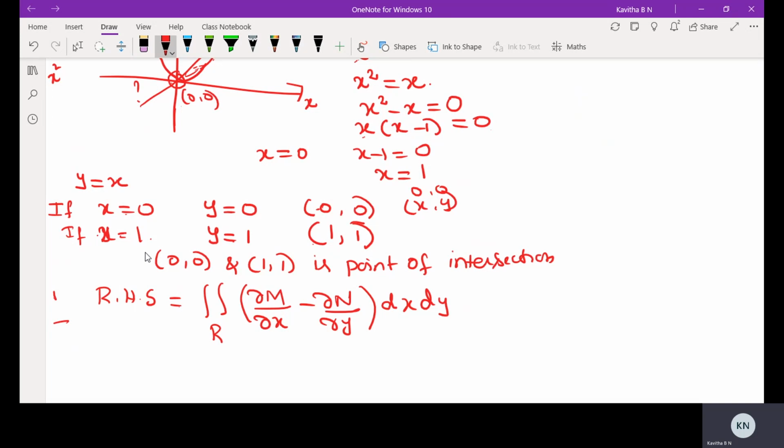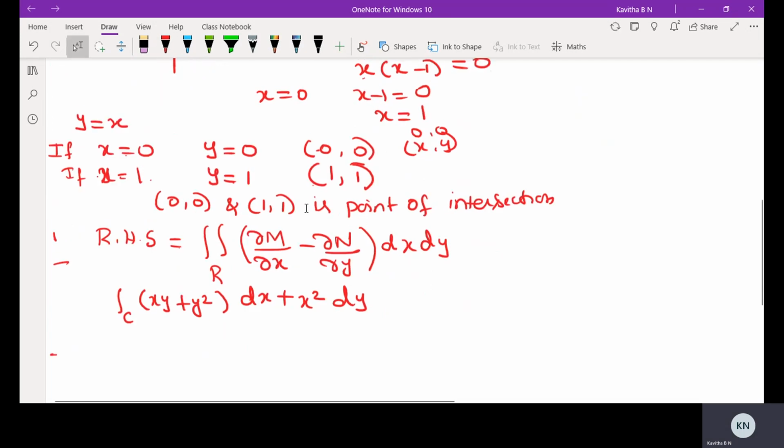Then write the given equation here: integral of C, xy plus y square into dx plus x square into dy.